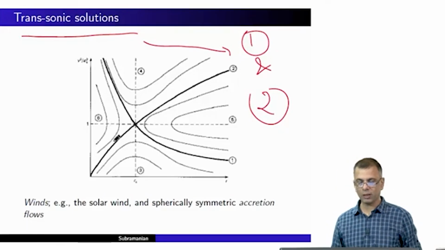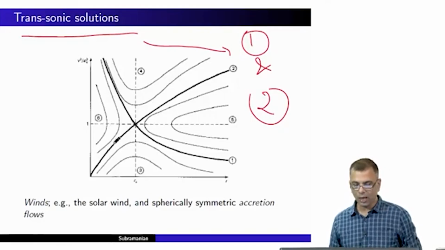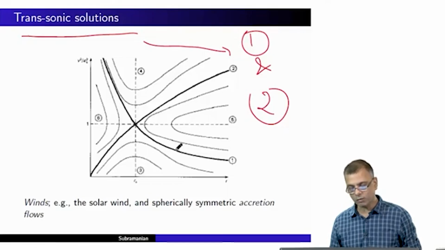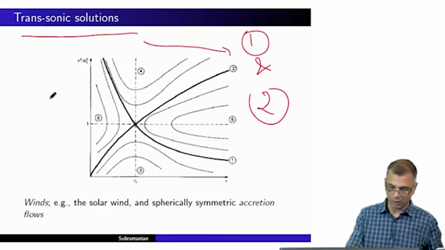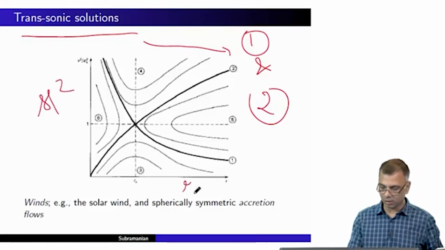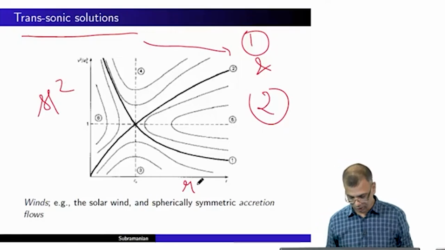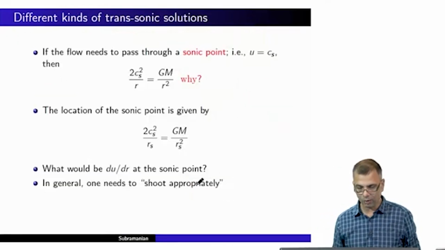So we really need to worry only about the other kinds of solutions, and of those, only solutions of the kind 1 and solutions 2 are transonic. They pass smoothly through the sonic point, where this represents the square of the Mach number and this represents r, right?